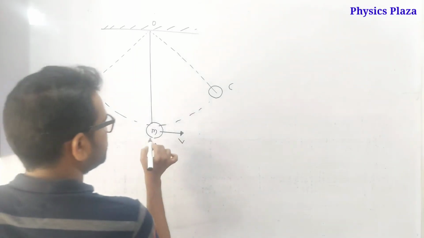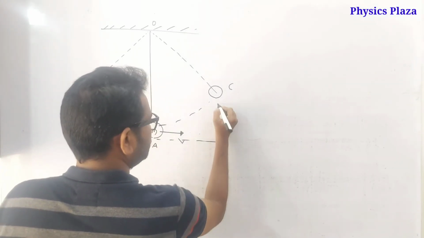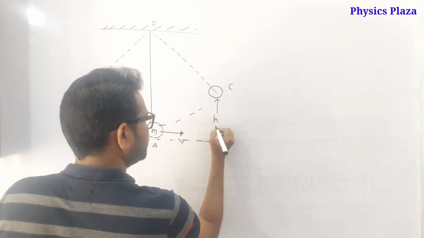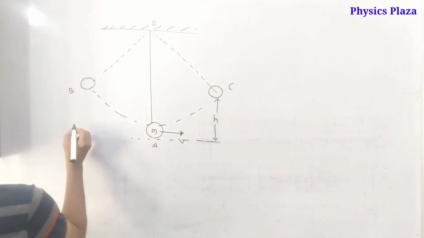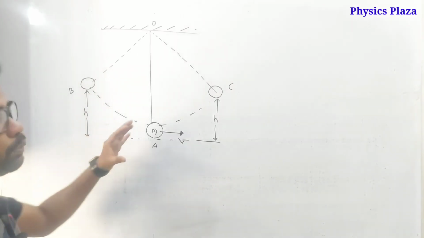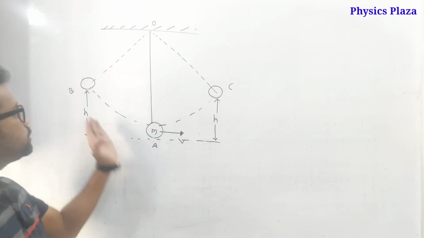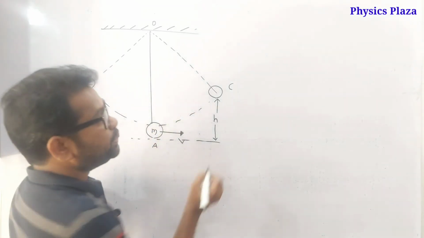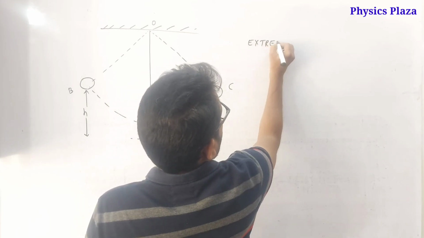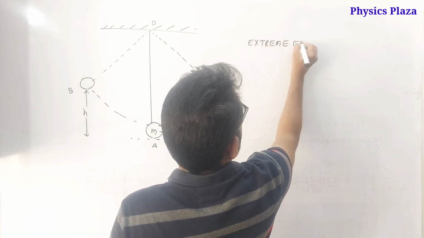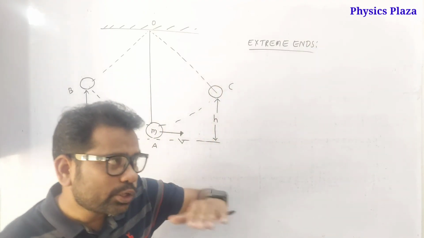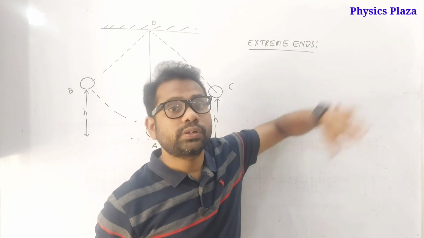So it will just be oscillating such that it is raised to height h on either side. Here also height h only. Now it is very important, children. As it is going towards B or towards C, these B and C are called extreme ends. After reaching the extreme ends, for a while it is stopped. I am not saying 1 hour or 2 hours, it will be stopped.